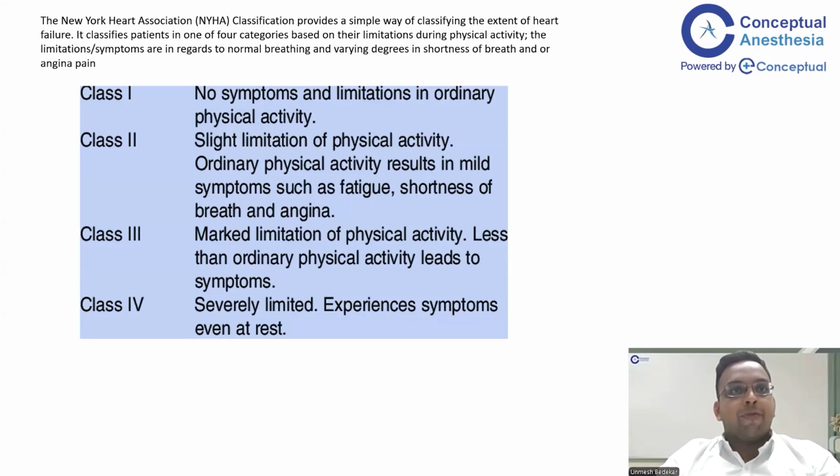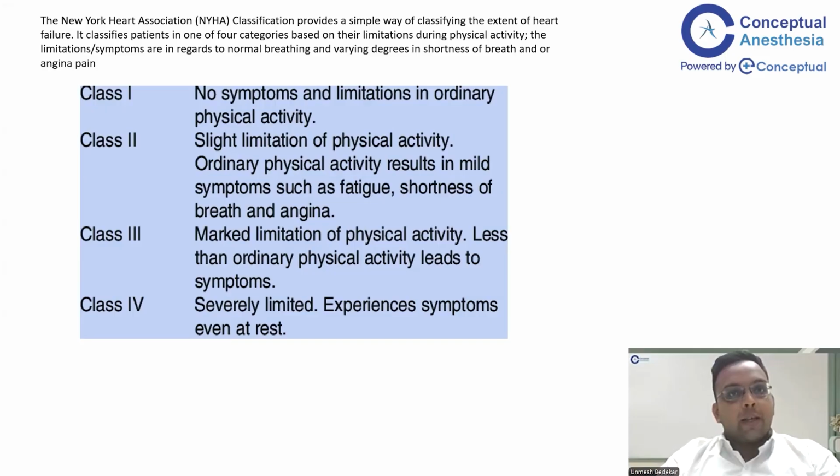Now, this divides the patients into one of the 4 categories based on the limitations during their physical activity and the symptoms which are in regards to normal breathing and varying degrees in shortness of breath or angina pain. So basically we take proper history and divide the patient into 4 classes.